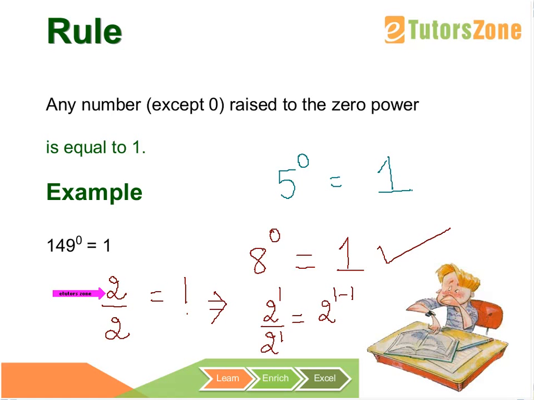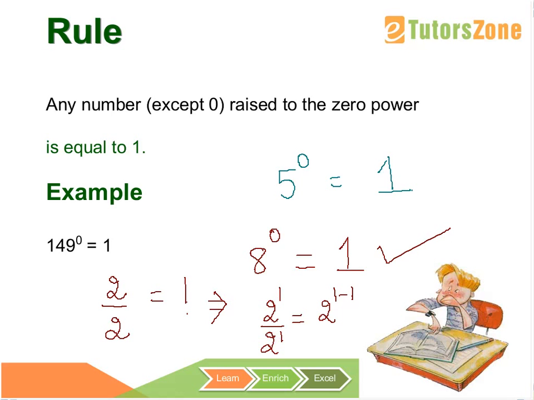This you will also learn in our next slides when we do laws of exponents. One of the laws of exponents says when you divide with the same base, the powers get subtracted.